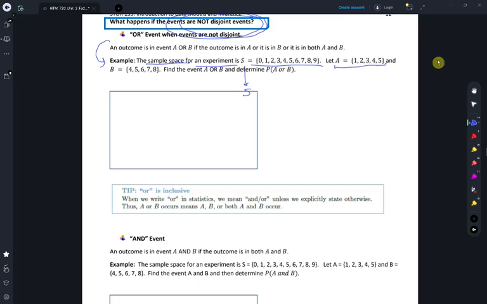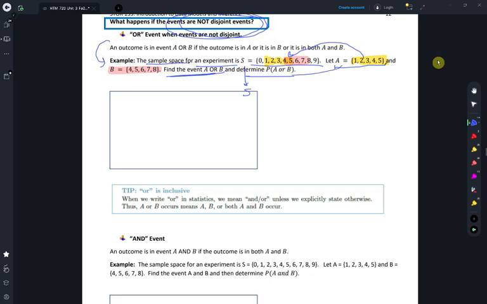I'm going to define an event A, a subset of this sample space, because all the points here are right here for event A. And then we have another event B, whose outcomes are right here. Our interest is to find the event A or B and use it to determine the probability that you get event A or B.